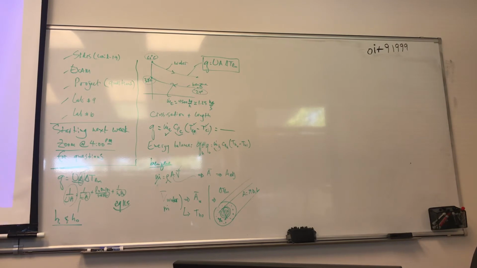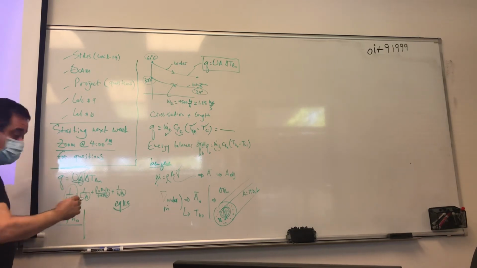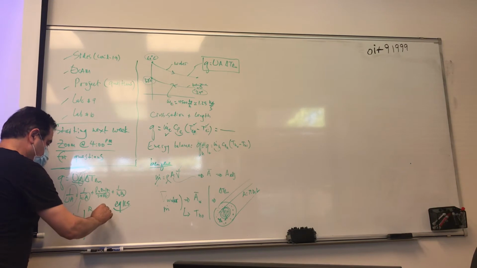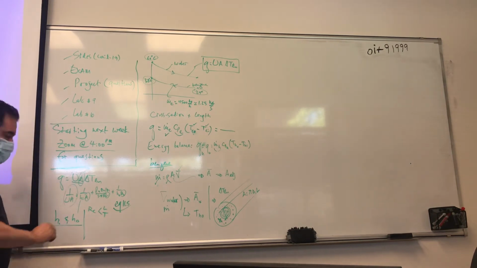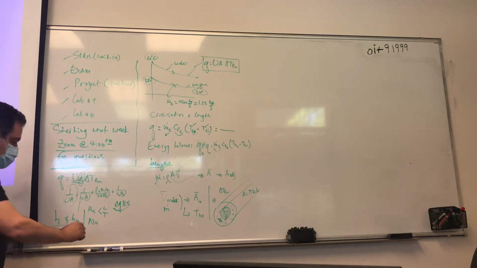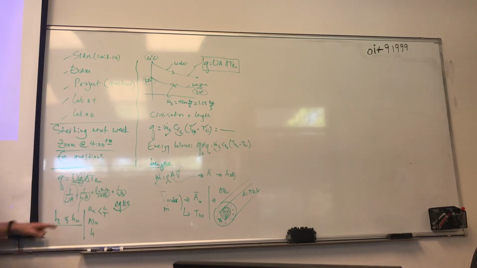Remember the way we calculate convection? Find the Reynolds number, figure if the flow is laminar or turbulent, select a Nusselt number. Once you calculate the Nusselt number, then you can get H. You do that for both the interior pipe and for the annulus.